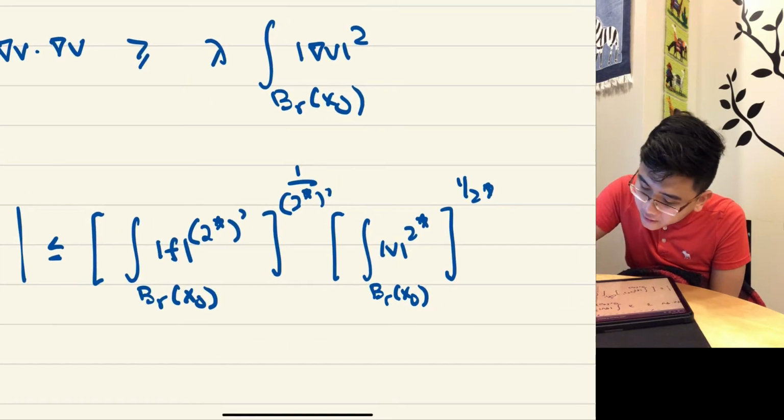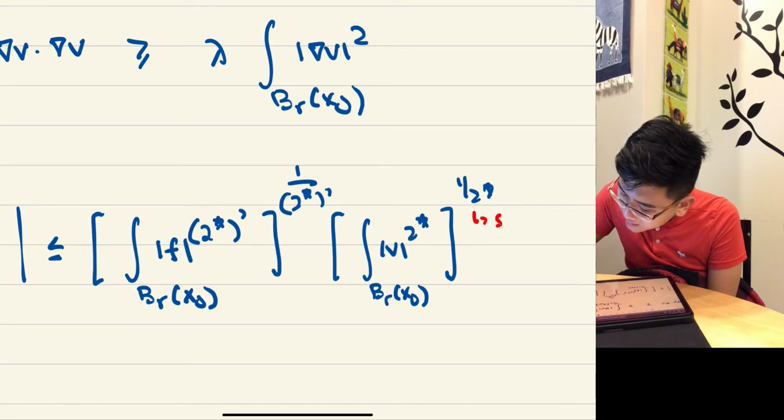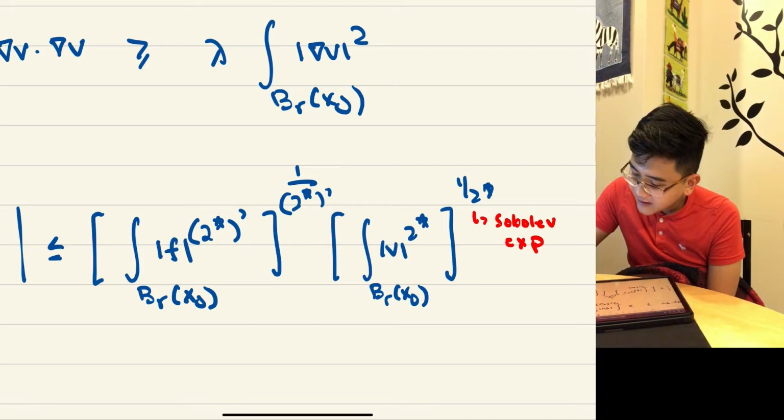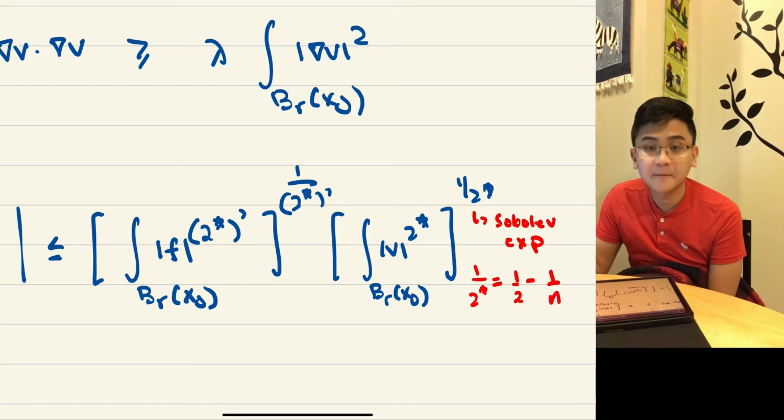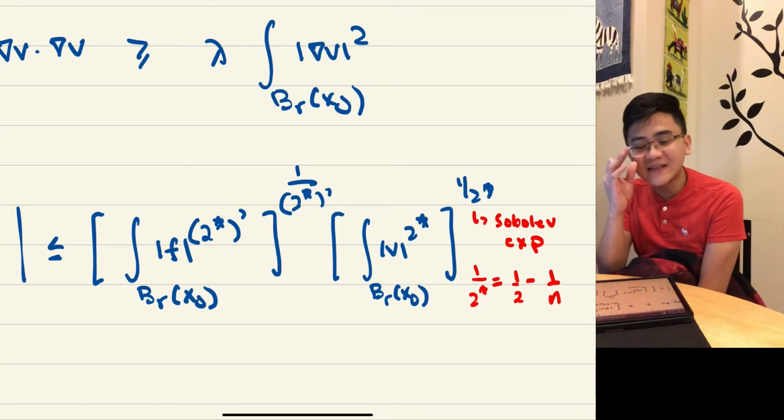So remember that 2 star is the Sobolev exponent, and that 1 over 2 star is equal to 1 over 2, p is equal to 2, minus 1 over n. Okay, so we've seen this before.